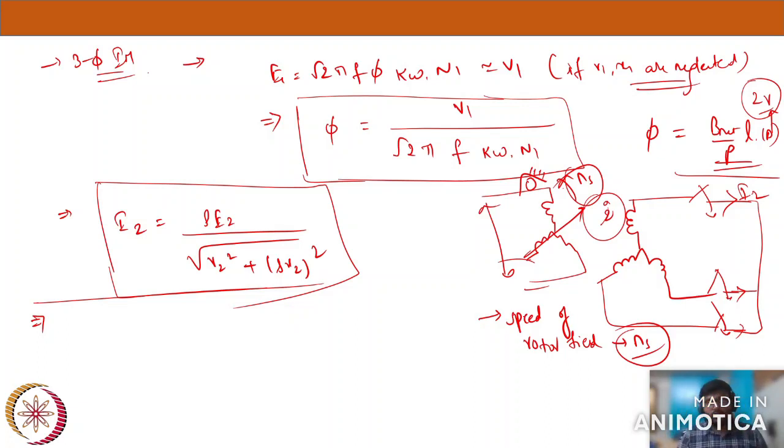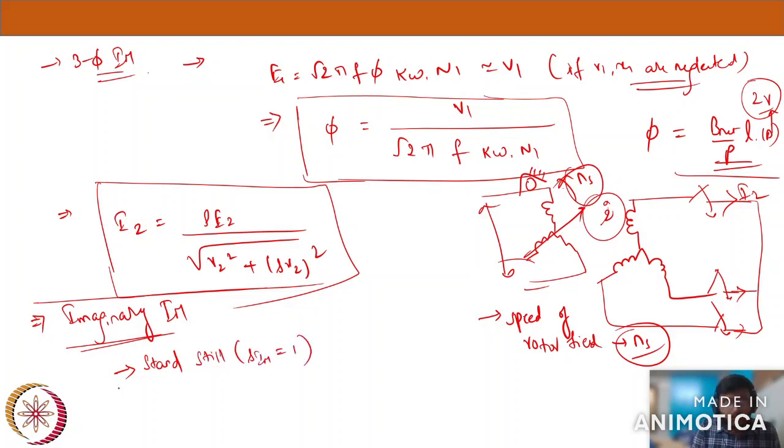Now forget about this actual motor and imagine an induction motor which is stationary. That's very easy to assume, because at standstill there is no concept of slip. I am just listing out the conditions and characteristics of my imaginary motor. Standstill condition. Now s of this imaginary motor is 1, so there is no concept of s.